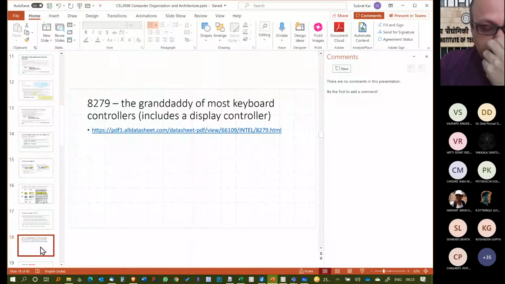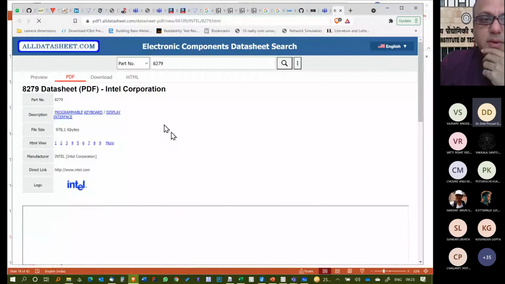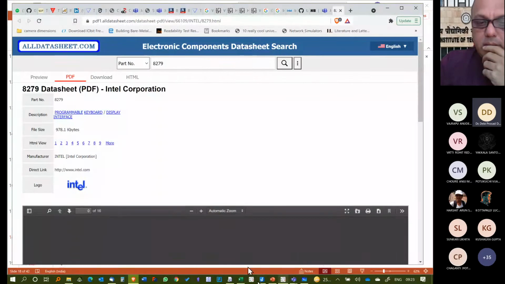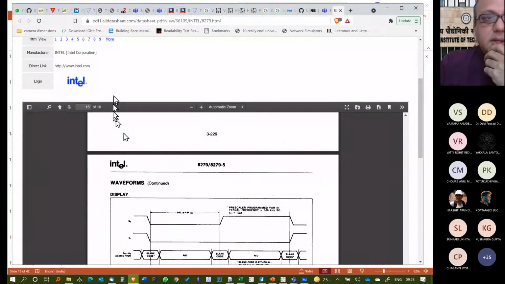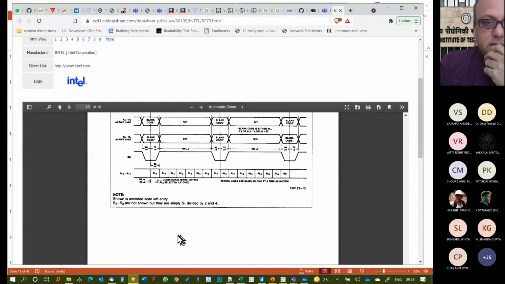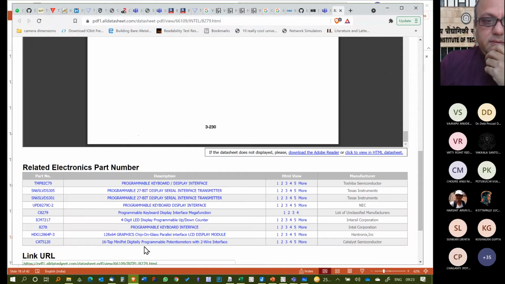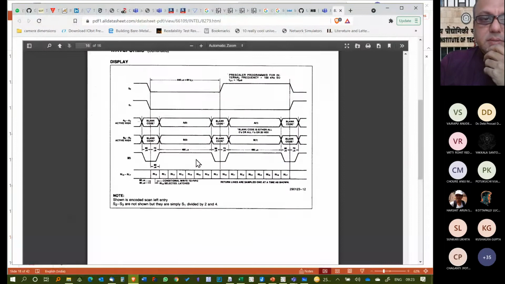So all the Sushants can actually look at 8279, and 8279 has a data sheet like this. I'll show them 8279, 8255. Both the chips I'll show them. Very nice. If you really look at this, you will find that there would be a PDF, and you would be able to see this PDF like this, right?